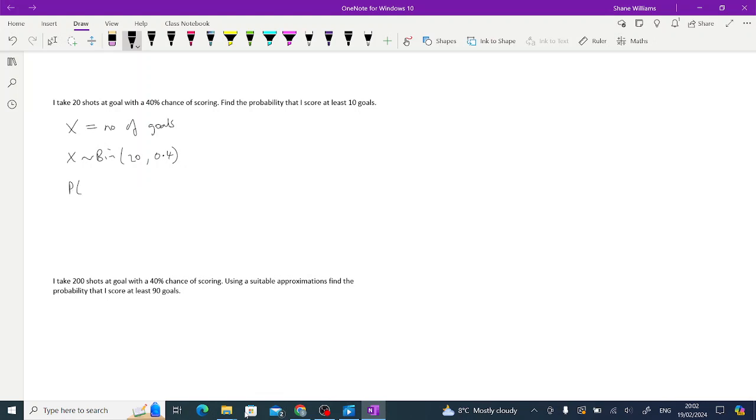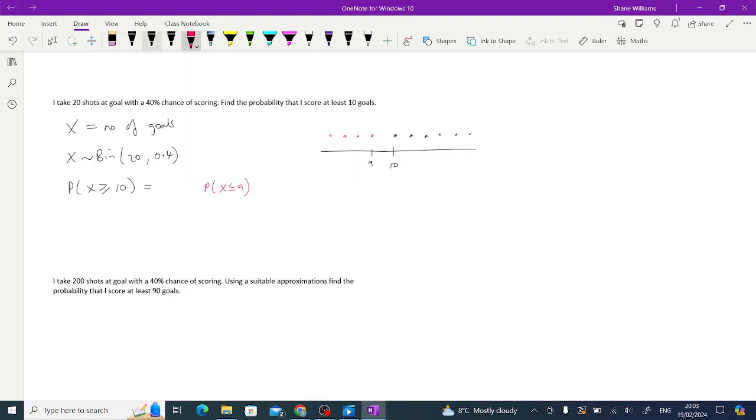I'm looking for the probability of scoring at least, so greater than or equal to 10. And the way I do this, on my calculator I can't look up greater than or equal to, I can only look up less than or equal to's. So if I want to know greater than or equal to 10, I'm going to look up the opposite ones. So that would be less than or equal to 9.